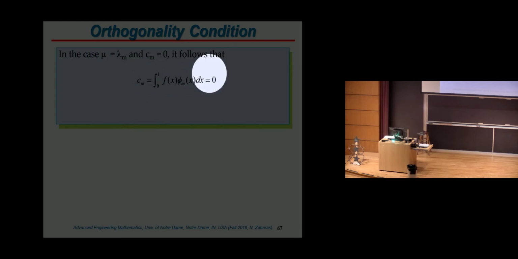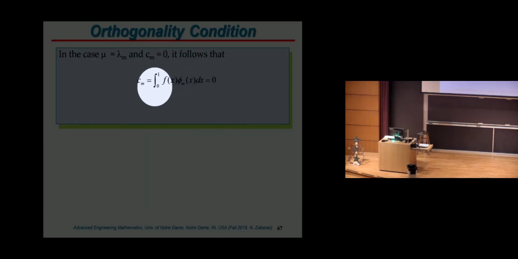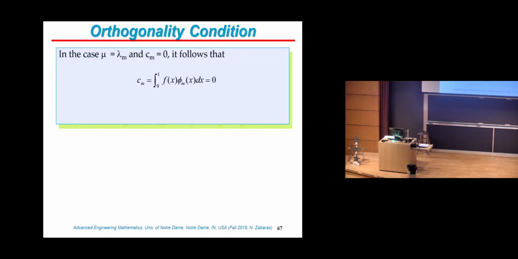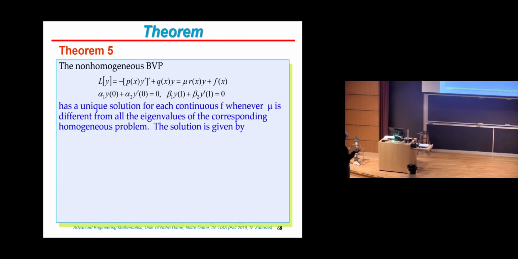So if this integral is 0 and mu is one of the eigenvalues, infinite solutions. If mu is one of the eigenvalues and this integral is not 0, then the recursive equation we derived is wrong, and there are no solutions. So you can have one series solution, infinite solutions, or no solution.